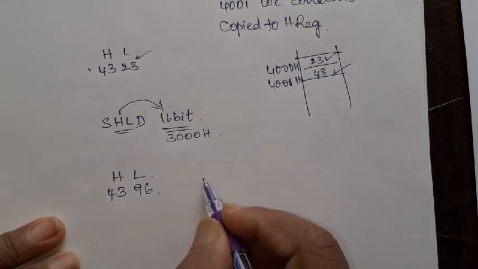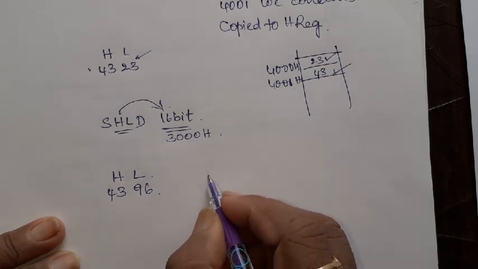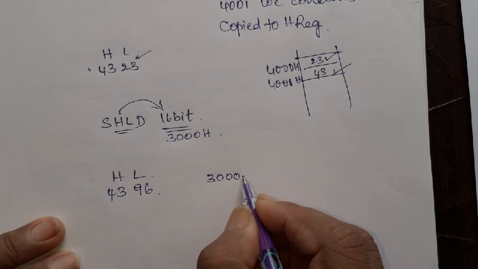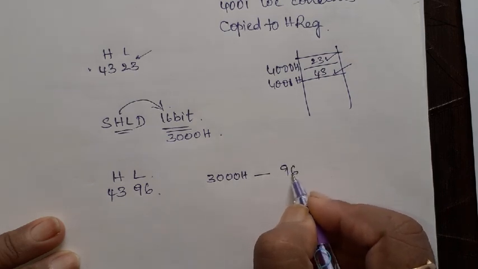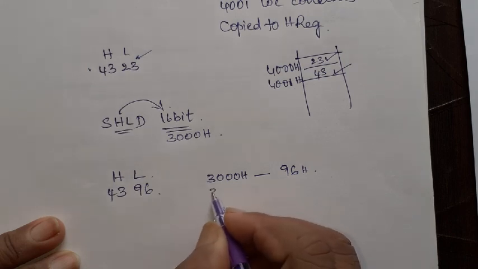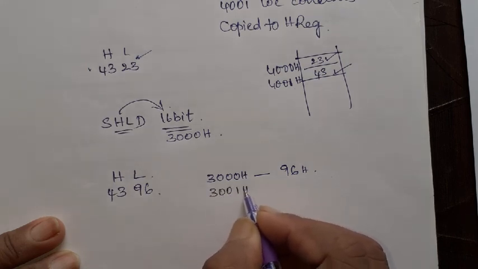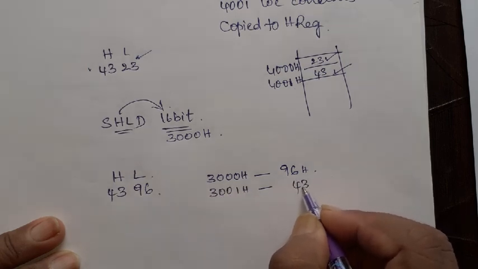After the execution of this instruction, in 3000H location you will find 96H, and in 3001 location you will find 43H.